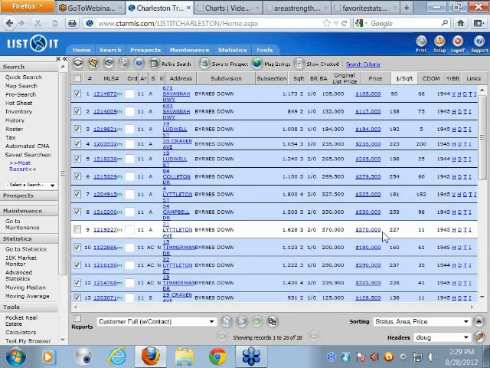Now, the seller might be quite willing to do that, but the buyer doesn't believe it. Otherwise, we wouldn't have a 95% average of homes selling for 95% of their list price. That statistic wouldn't exist. People don't make offers like that because they feel like they're going to insult the seller. So they just don't even make the offers. A lot of times they don't even go and look at the house.